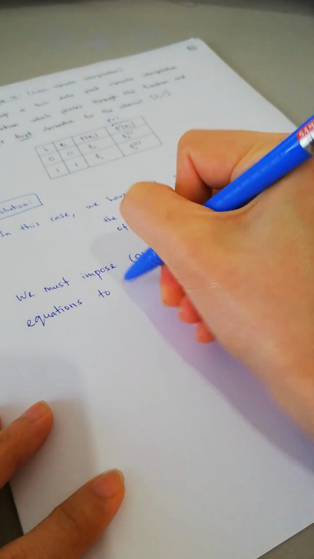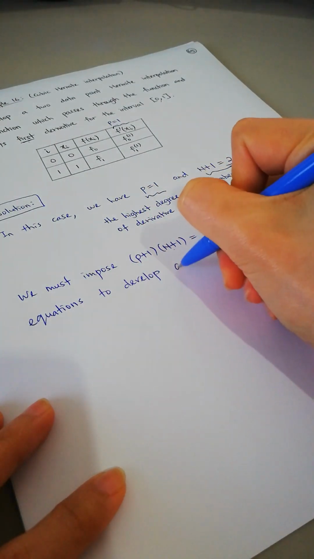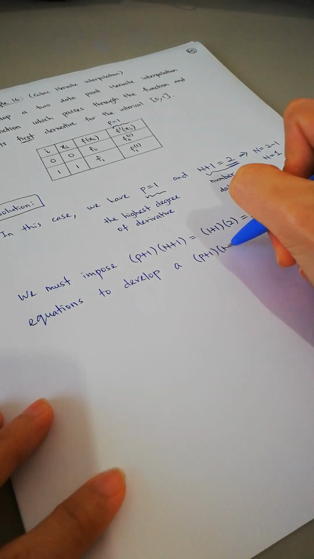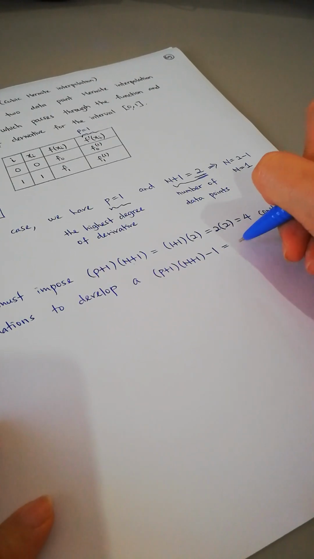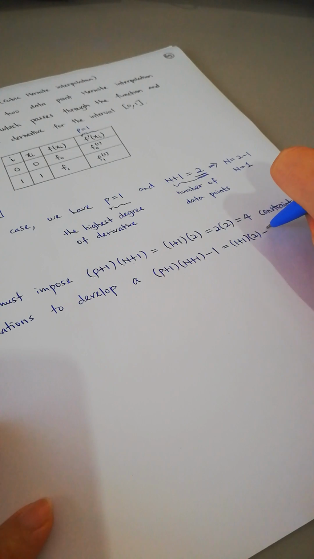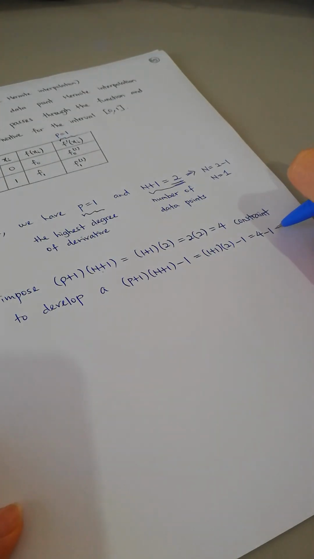To develop the degree, that means it's p plus 1 times n plus 1 minus 1, okay, which is equal to 1 plus 1 times 2 minus 1, so that means you have 4 minus 1, this is equal to 3, okay?